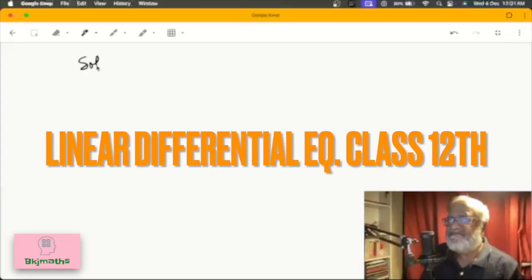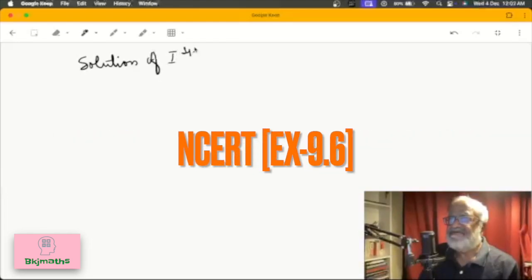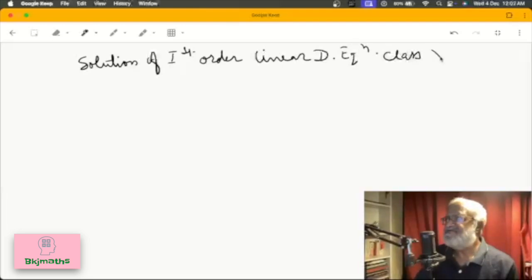Solution of first order linear differential equation, class 12th.